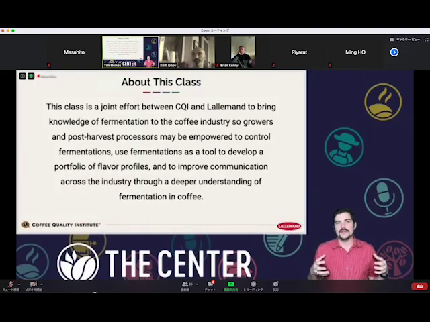The idea was to provide a foundation and information about this ever-growing, ever-expanding topic, which is fermentation, both in how it's utilized in post-harvest processing, but also how we can use it as a tool to develop a portfolio of flavor profiles. I'm going to use that term quite regularly, and we'll define it more over our next couple of days.